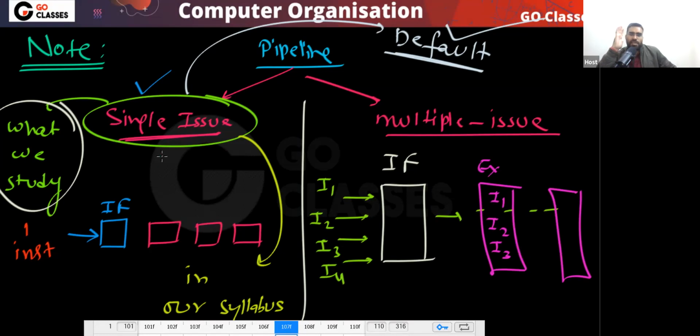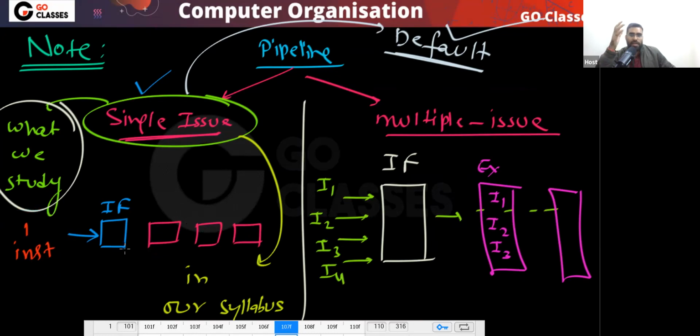In our syllabus we have single issue: one instruction flows in any cycle, and in any stage, for example the execution stage, only one instruction can be there.